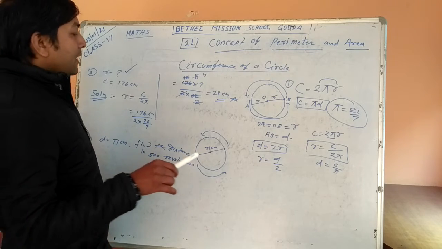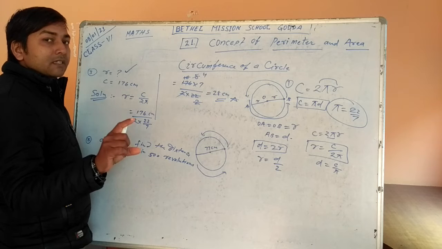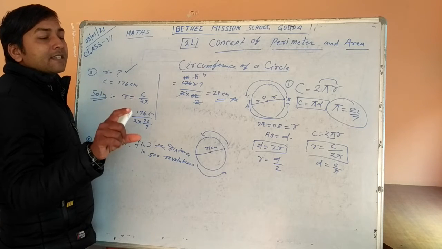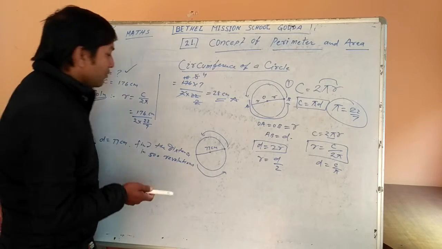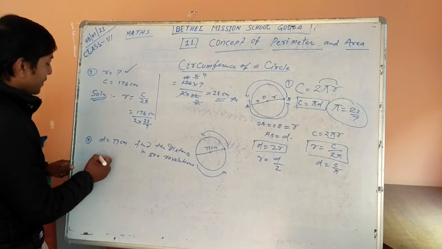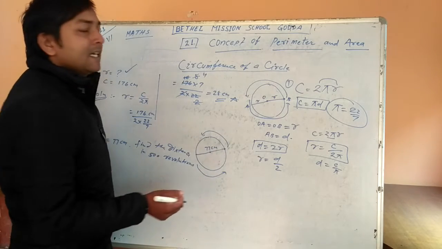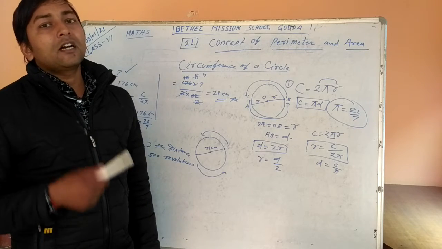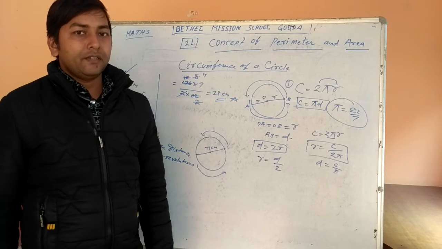Okay, when you move one round, it is circumference of the circle, means the distance covered by one wheel one time. So if we find the circumference of the wheel, you can get the distance covered by the wheel in one revolution.